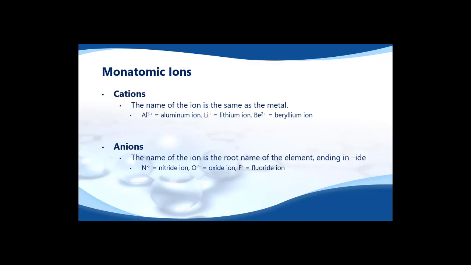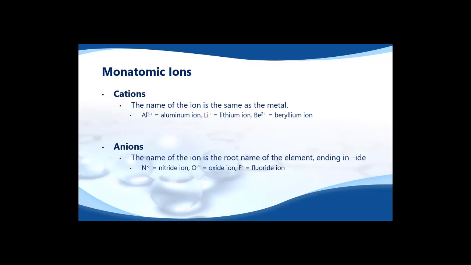N-3 is the nitride ion. O-2 is the oxide ion, whereas O is just oxygen. And F- will be fluoride. Please pay attention to elements like sulfur and phosphorus, because when you rename those, you may have to change the spellings or pronunciations a little bit to make them a little easier to work with.